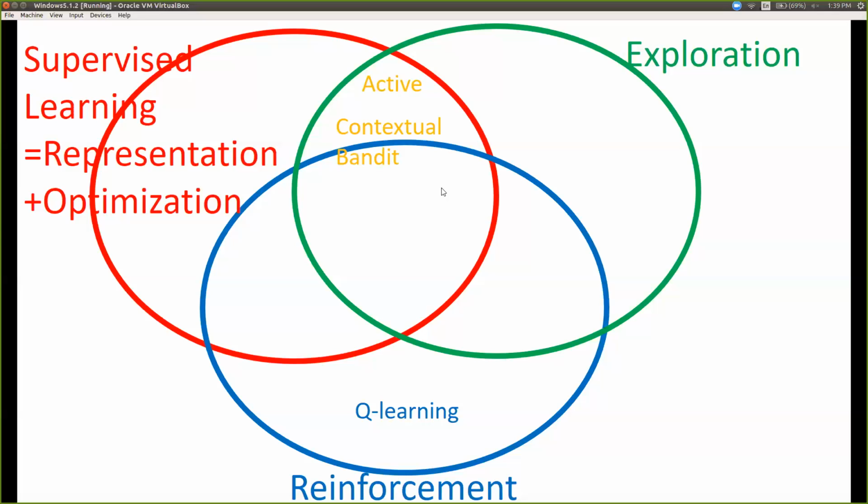There's also contextual bandits, which is a little bit of reinforcement because you could have a reinforcement feedback, but you're really trying to do exploration to learn how to optimize immediate reward. So there's exploration involved, a little bit of reinforcement involved, and also supervised learning involved because you're trying to optimize over a large policy class.